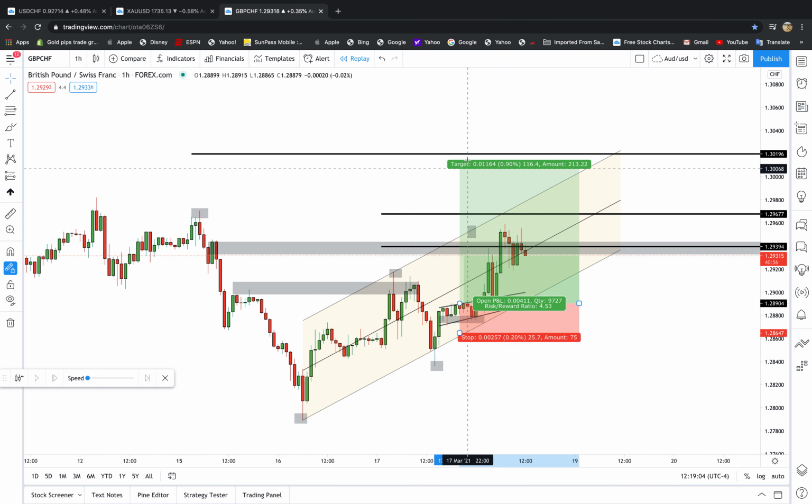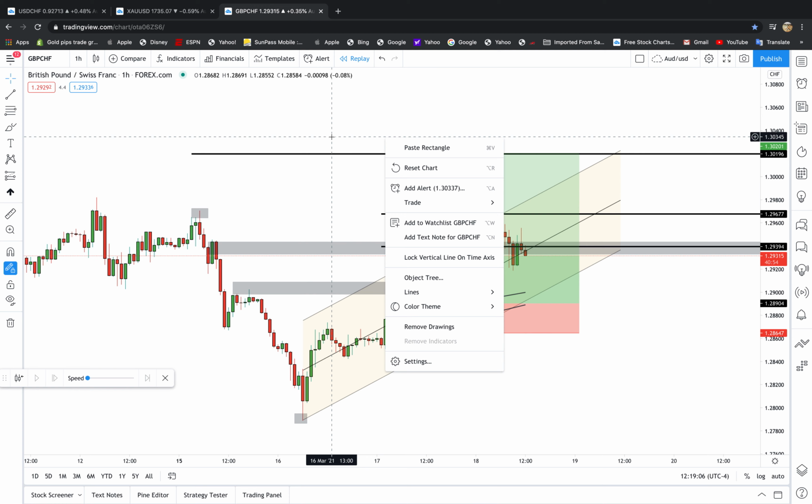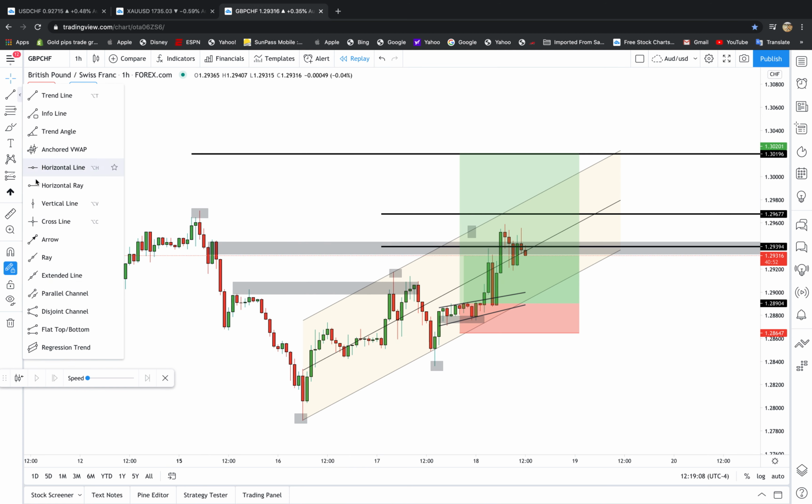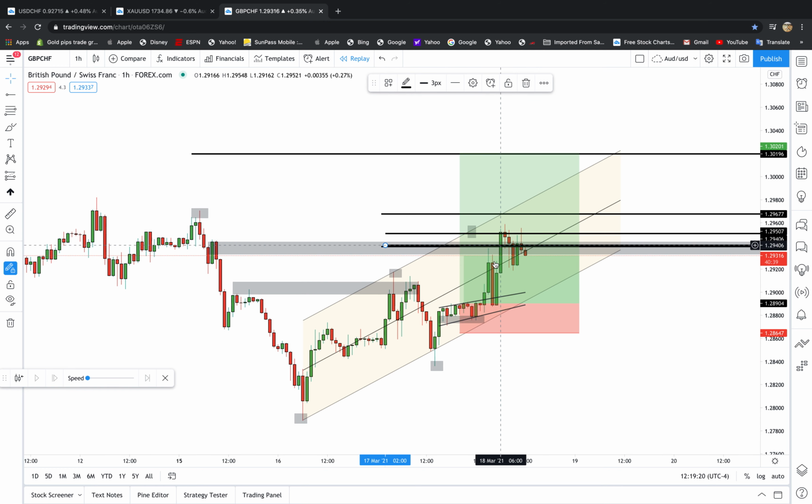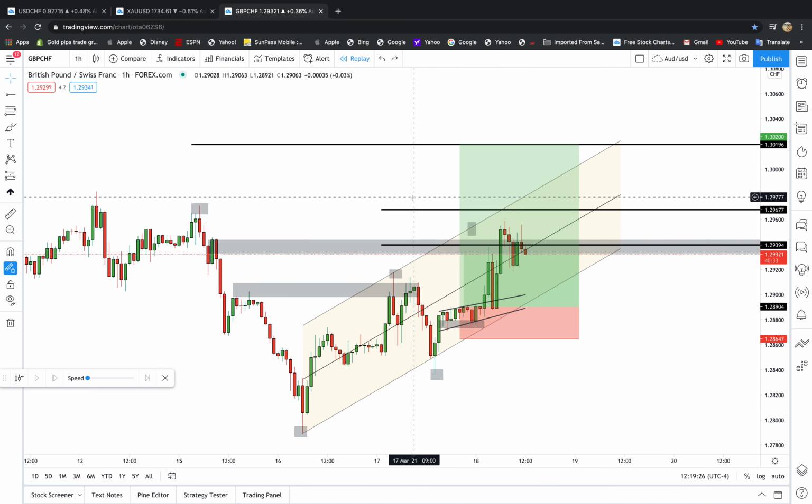I think our take profit was 500, 400, either one of those prices. Yeah, it was either one of these prices, 400 or 500. But regardless, you see our take profit got hit. Now, if we delete these lines.